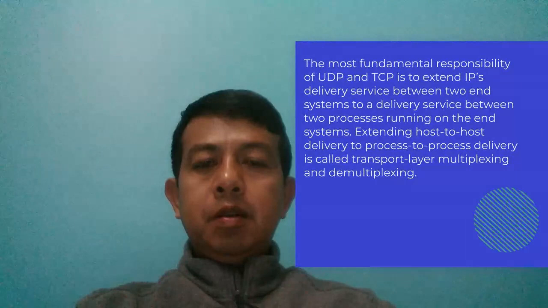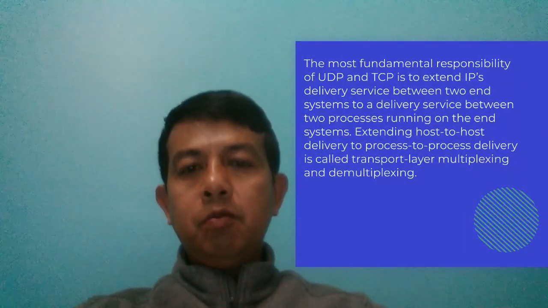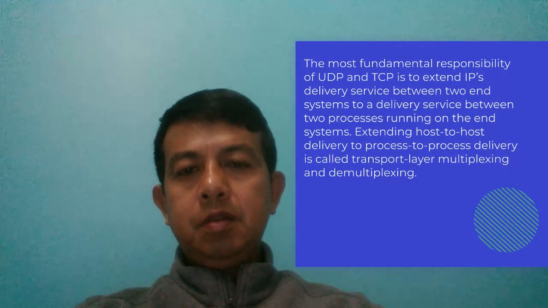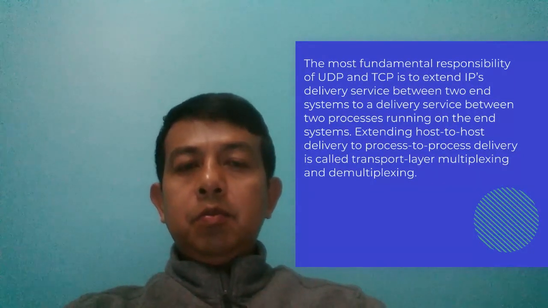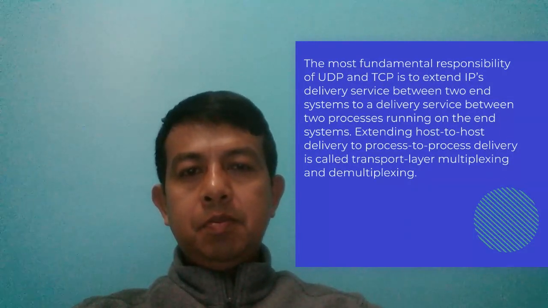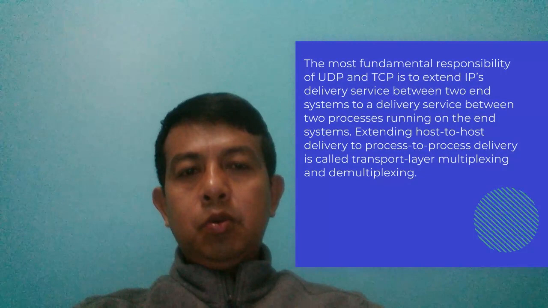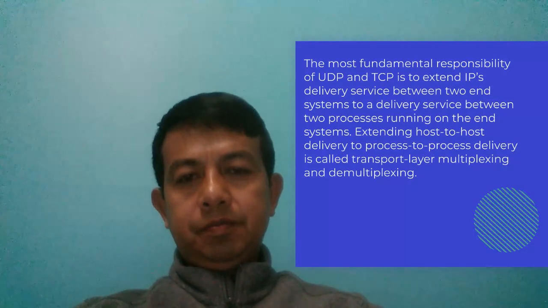Let's understand what multiplexing and demultiplexing means. The exact way of doing multiplexing and demultiplexing will be discussed in the subsequent lecture. Now, the most fundamental responsibility of UDP and TCP is to extend IP's delivery service between two end systems to a delivery service between two processes running on the end systems.